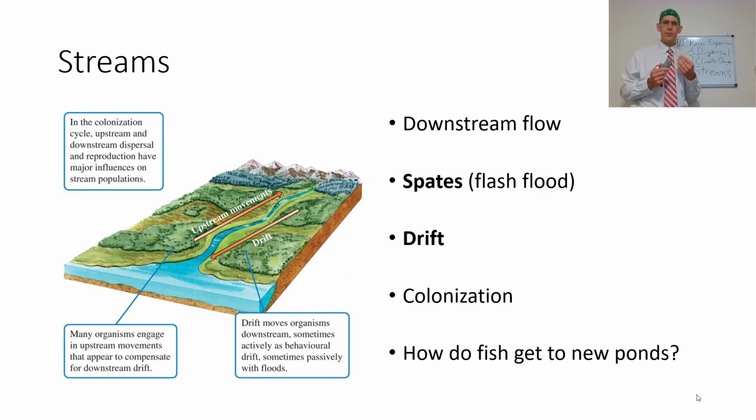What about colonization of new rivers? And how do fish get to new ponds? This bothered me when I was living in upstate New York. Cascadilla Creek had a lot of waterfalls, and you'd find these little minnows in upstream ponds, and I couldn't figure it out. How did the minnows get upstream? They can't swim up the waterfalls.